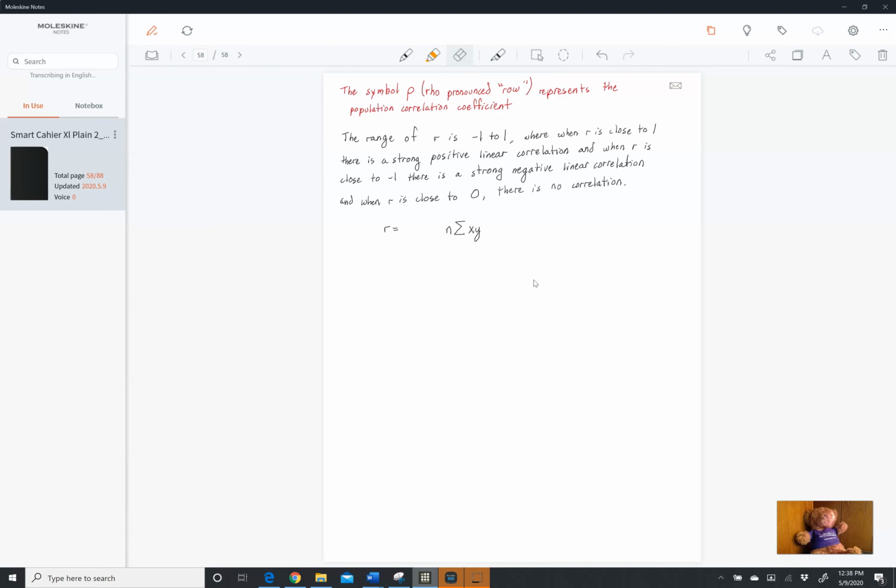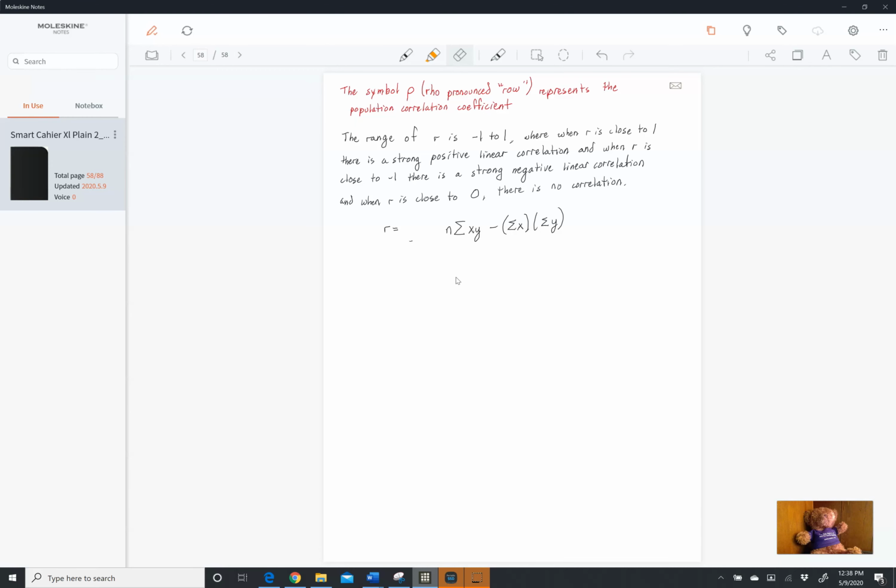So for every pair, you're taking your X times your Y, you take the sum. Remember, that's what this sigma means. This is an uppercase sigma in Greek. The lowercase sigma is your standard deviation. Minus, then you take the sum of all of your X, and you multiply by the sum of your Y's.